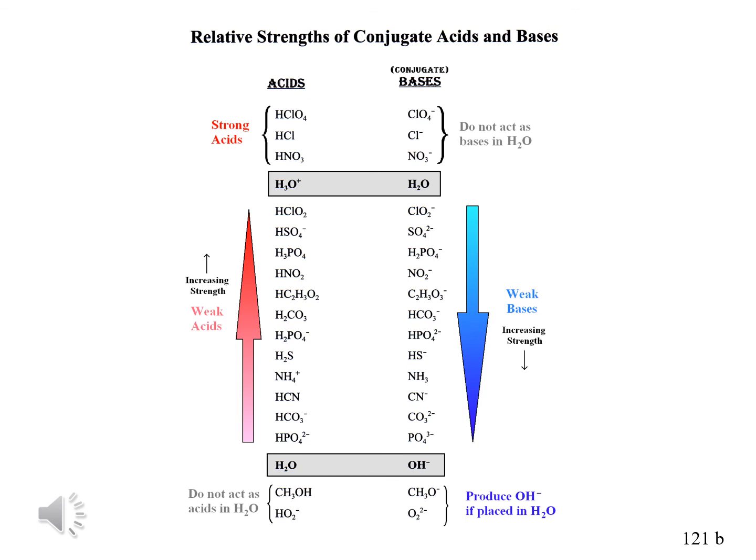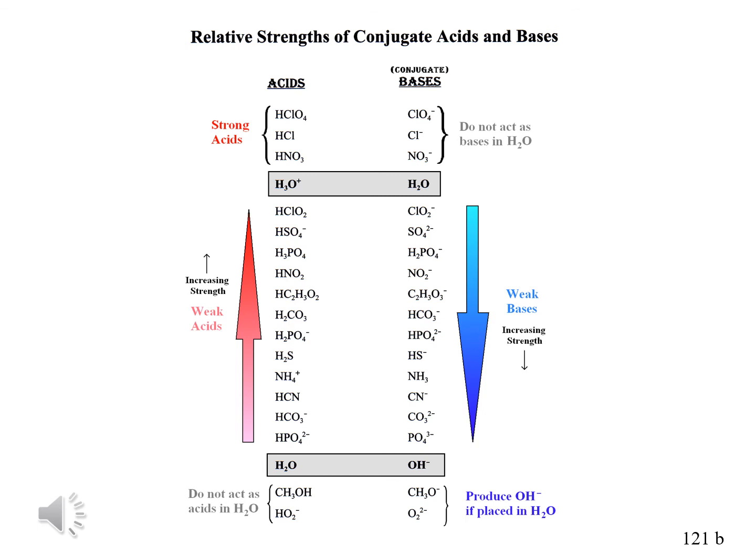And if you look at the conjugate bases on the other side, all of the strong acids have conjugate bases that are so weak that they don't even act as a base in water. You have to put those into an organic solvent before you see the fact that they can act as bases, but not in water.